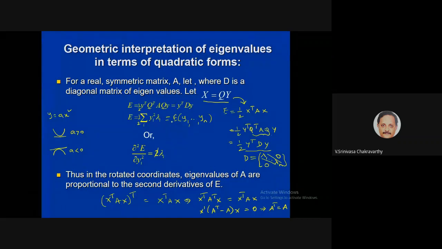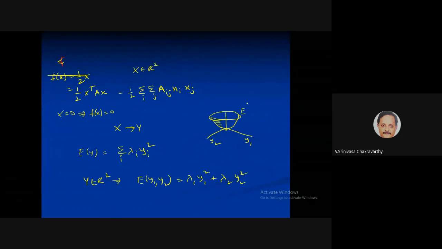If lambda is negative, with respect to yi, E is negative as a function of yi. If I differentiate this twice, I get lambda. So we start with this expression, half of x transpose Ax, and rotate it. We get this expression. Now this we can understand.